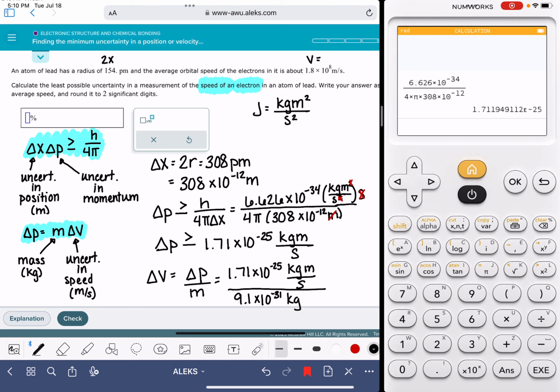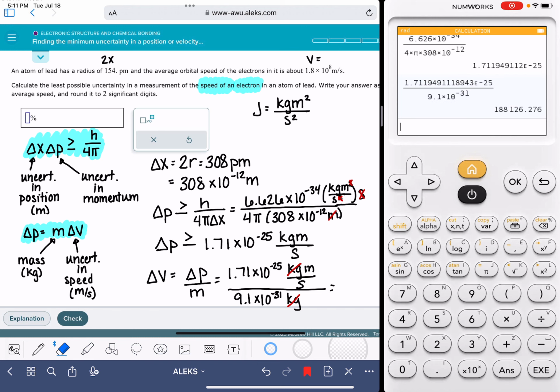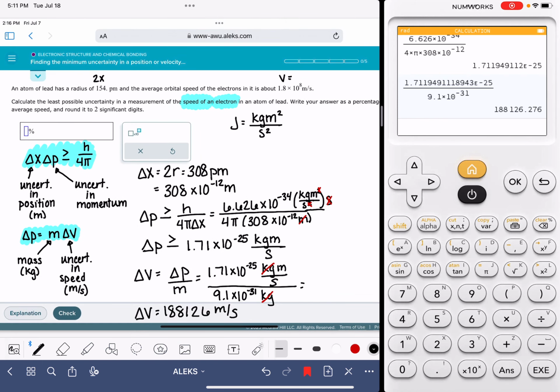I'm going to double check really quick and make sure that I have that number correct, and take a look at how our units of kilograms cancel out. Let's carry out the math on this. Our answer from the previous calculation divided by 9.1 times 10 to the negative 31 is going to give me a delta V of 188,126 meters per second.